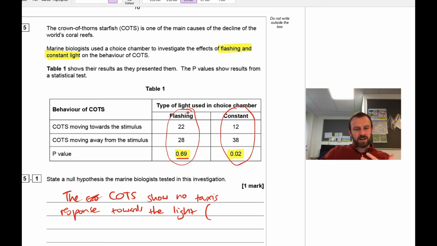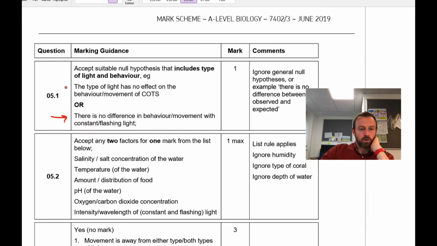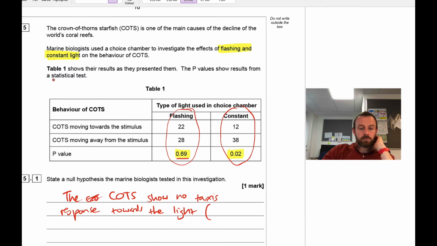So there'd be a null hypothesis for this set of results and a null hypothesis for this set of results. And it looks like we accept the null hypothesis for this one, and reject the null hypothesis for this one, because this is significant. That's why I was slightly confused by why they had this general type of light. This, I think, is more accurate. Okay, let's keep going.